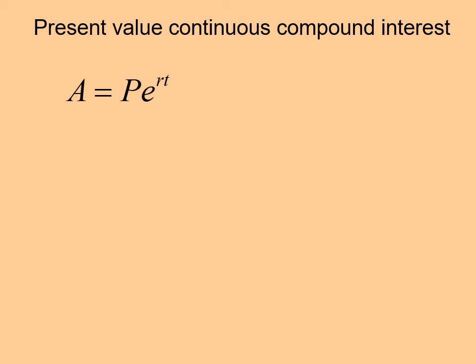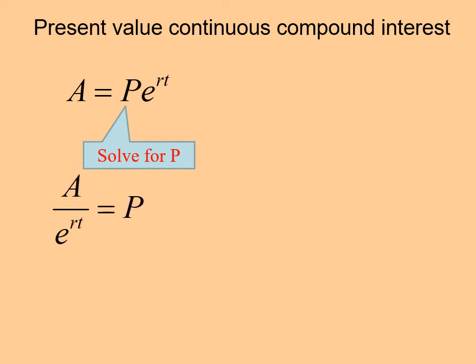Very similar to what we did earlier. To solve for the P in this formula, we just need to divide both sides by whatever's next to the P. And we could actually put that into our calculator.